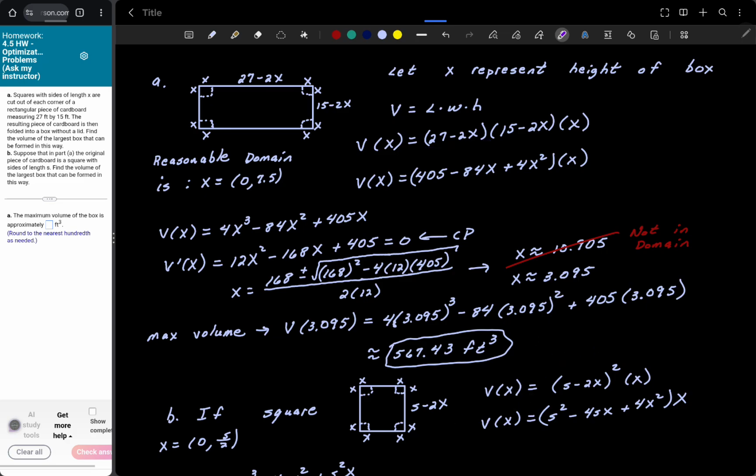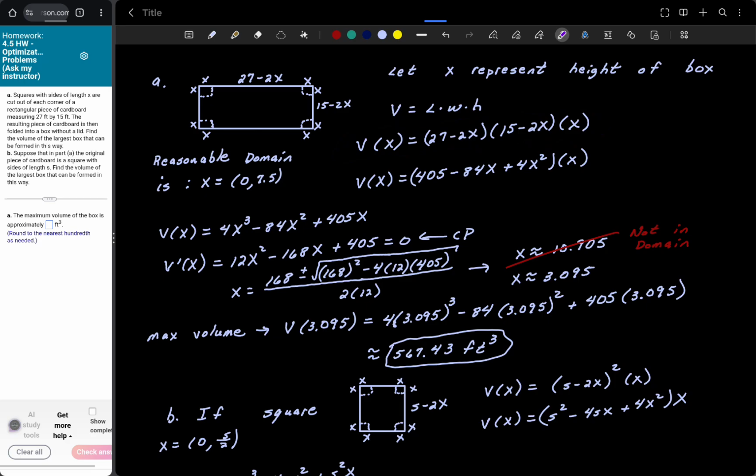Similarly, the width of the box is losing x feet on the left-hand side and x feet on the right-hand side when you use it to construct the box. So the width is going to be 15 minus 2x, and then of course our height being x. So this enabled me to get a volume for the box created from this cardboard base of dimensions 27 by 15.